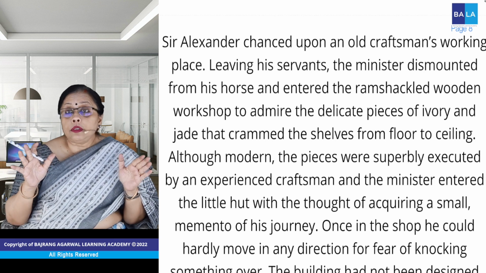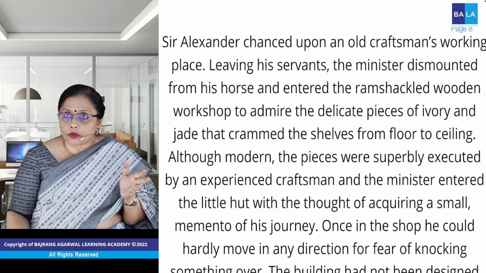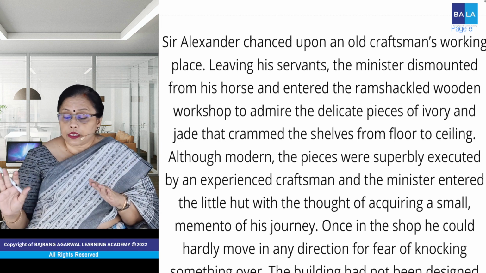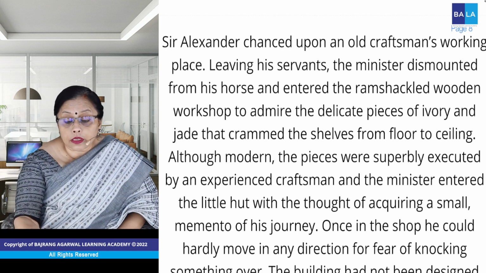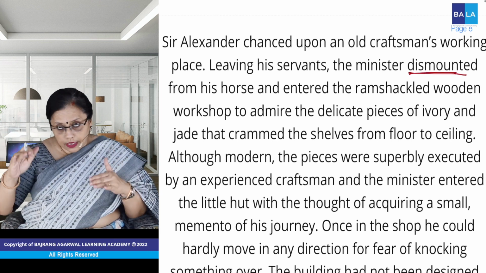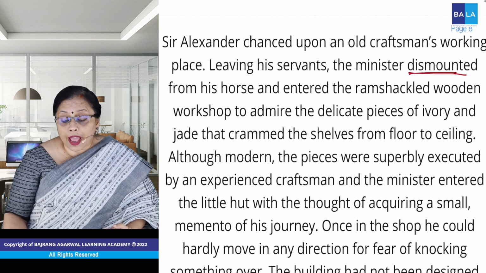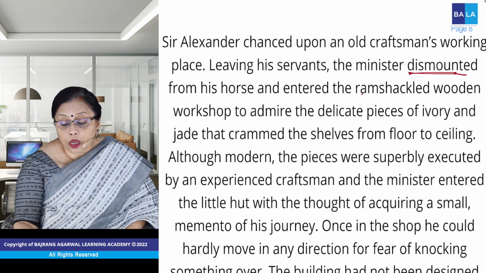Now he wanted to see what this was all about. So he left his servants. The minister dismounted. See this word? Dismounted, meaning came down from his horse, and entered the ramshackle wooden workshop.